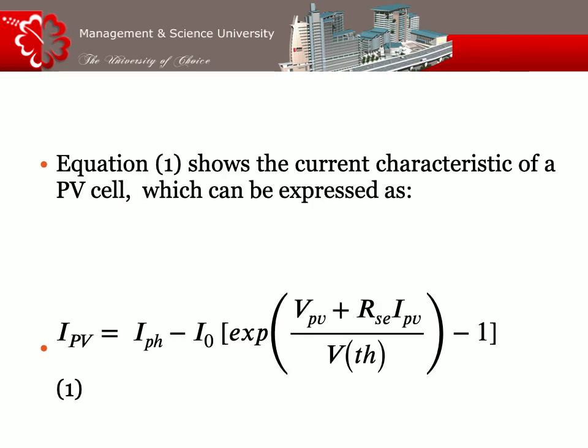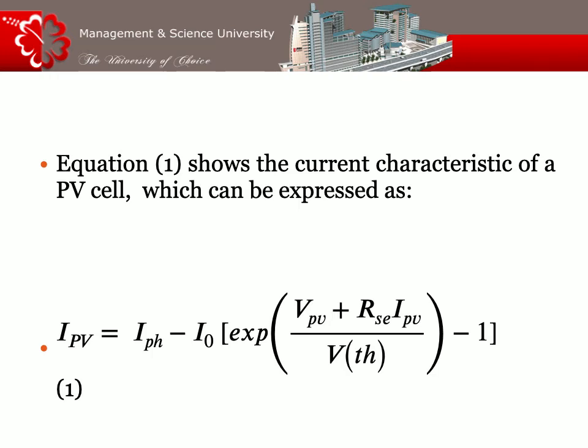So the equation below shows the current characteristic of the PV cell, which can be expressed as IPV equals IPH minus IO exponential of (VPV plus RSE IPV) over VTH, minus 1.